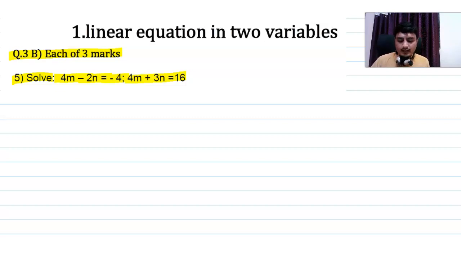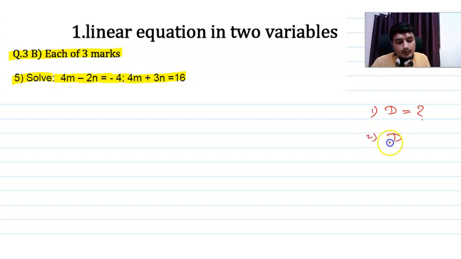So here we are solving the given simultaneous linear equations in two variables m and n by using Cramer's rule. For that, first evaluate the value of determinant d, which is the determinant of coefficients of m and n from equation 1 and 2.